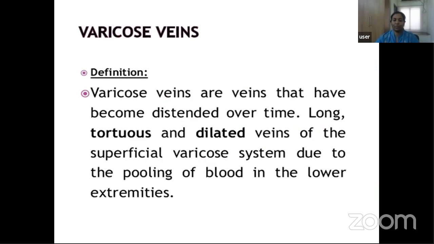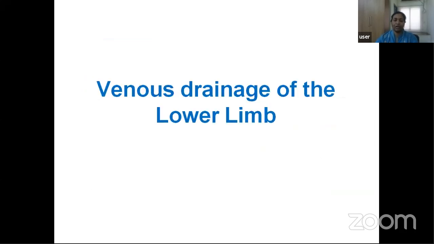Now, what do you mean by varicose veins? Varicose veins is a clinical condition where distension and dilatation of the superficial veins of the lower limb is seen. This is one of the common conditions we can see in clinical cases. To understand this condition, we need to know about the venous drainage of the lower limb.